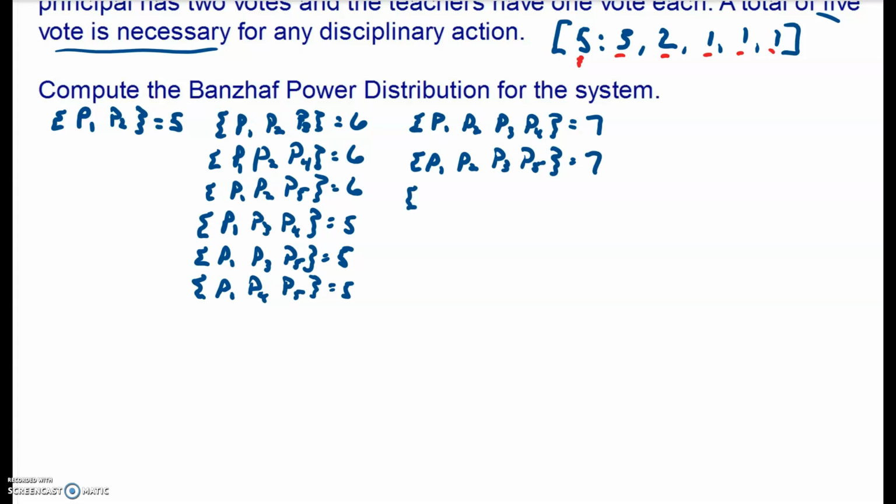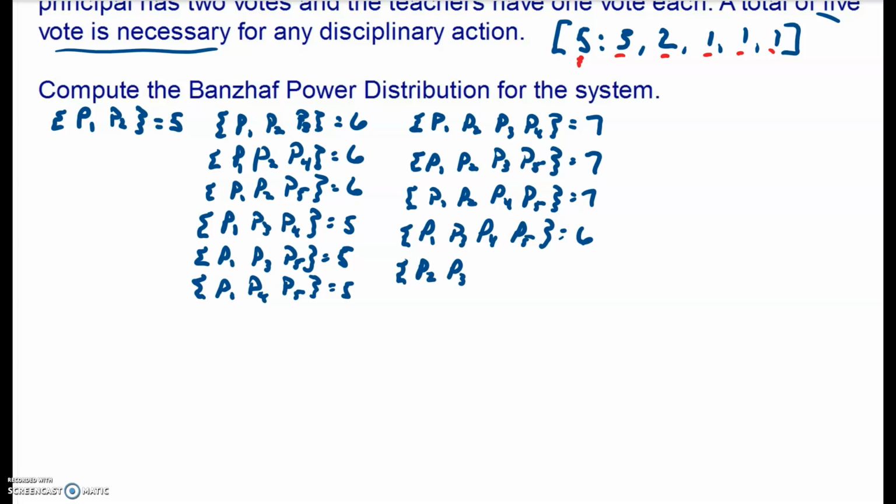Again, I'm listing all of the possible 4-player coalitions here. Player 1, player 2, player 4, player 5 gives me 7 votes. Player 1, player 3, player 4, player 5 gives me 6 total votes. And then last, player 2, player 3, player 4, player 5 passes with 5 total votes.